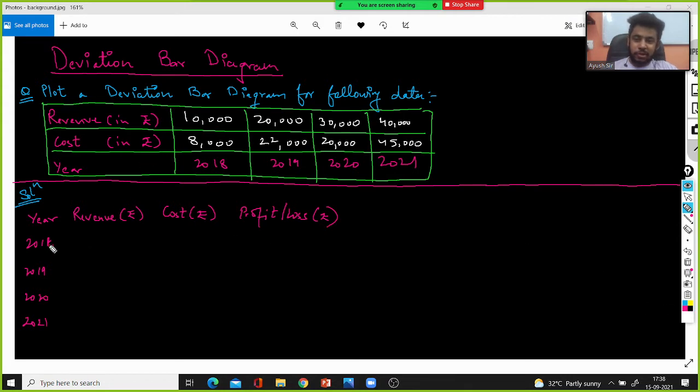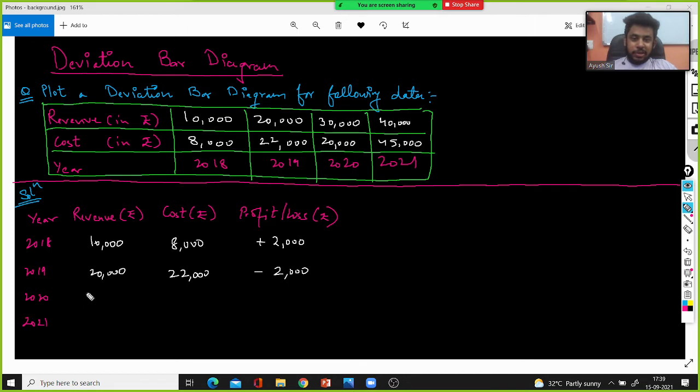So revenue for this year was 10,000 rupees and the cost was 8,000 rupees. So there has been a profit for this year, that is plus 2,000 rupees. For this particular year you got a revenue of 20,000 at a cost of 22,000 rupees. So you had a loss of 2,000 in this year.